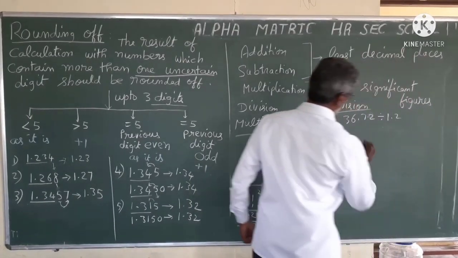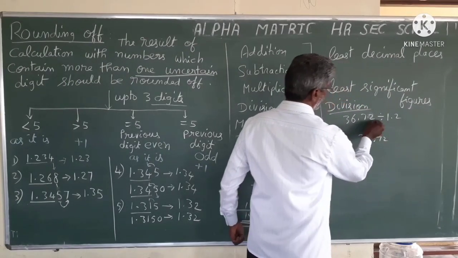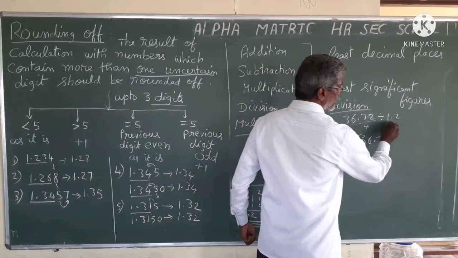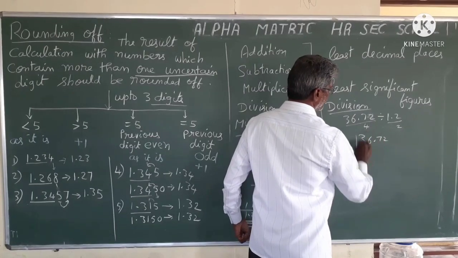Now we will go for division. Here how many significant figures? 4. Here how many significant figures? 2. Now you divide this one.